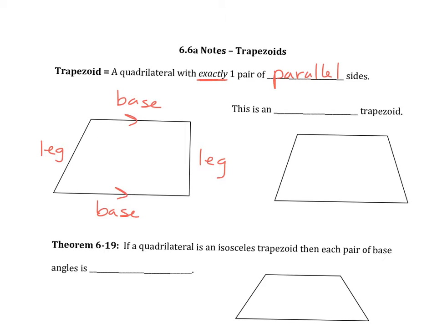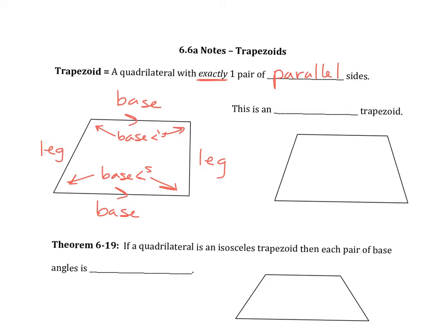So the two that are on the same base are base angles together. So like this angle and this angle, those are base angles, okay? But I could also say that this angle and this angle are base angles, okay? So when we talk about base angles, we're talking about the two angles that lie on the same base, the same parallel line, okay? So those are base angles.